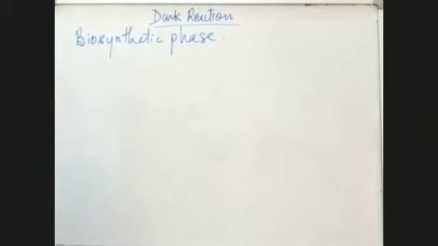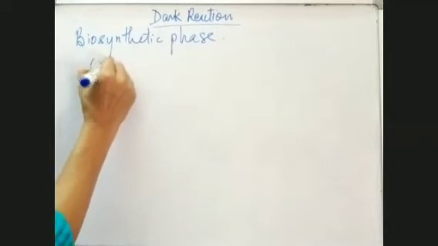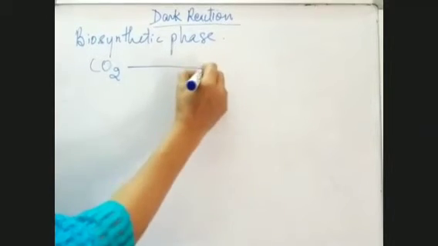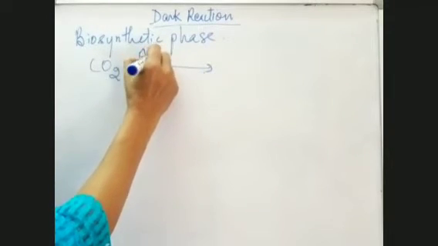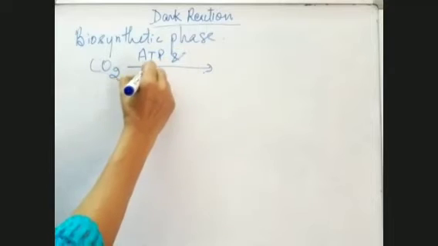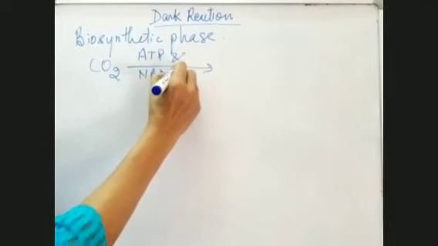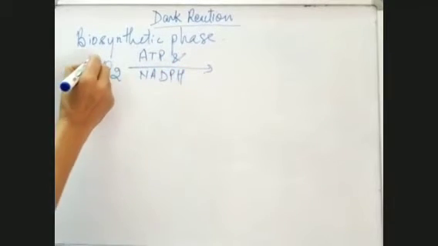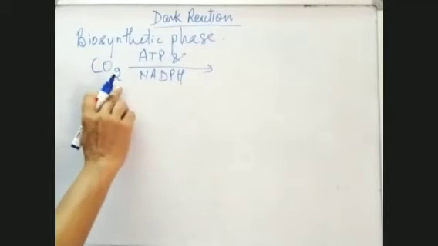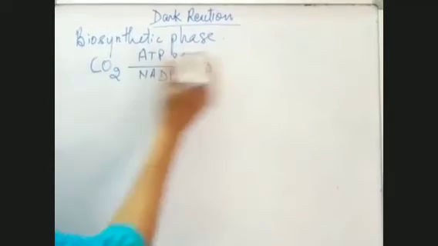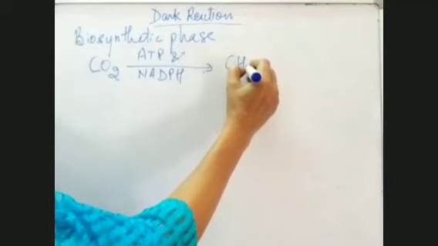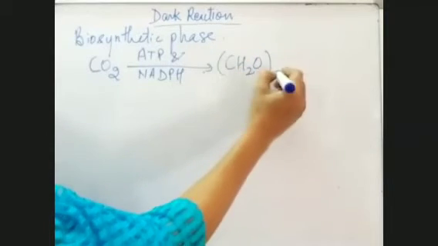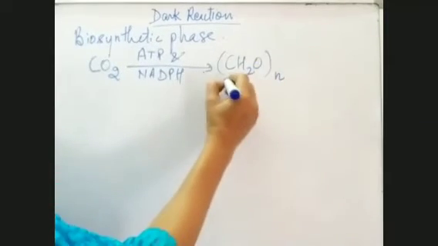Because the ATP and NADPH which are formed in the light reaction by oxidative phosphorylation are used in converting CO2 into CH2O, and that is carbohydrates.